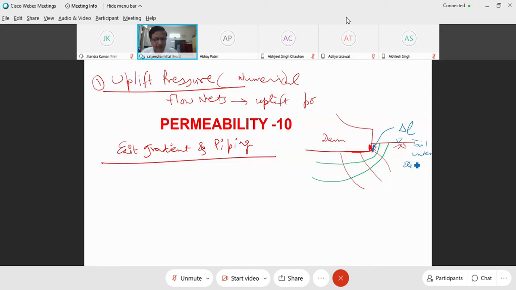So what is exit gradient? I am just writing a few lines that will help you. The flow net, especially near the toe, is important for exit gradient and piping.